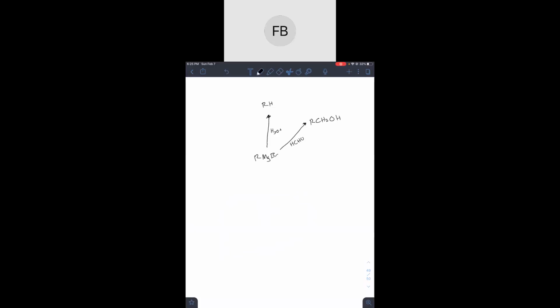Next. In this situation, it's kind of the same thing as above, and let me just redraw this as it is, because that'll be helpful too. In the next situation, he draws it out instead of making you figure that out. This is an R, and this has a hydrogen.